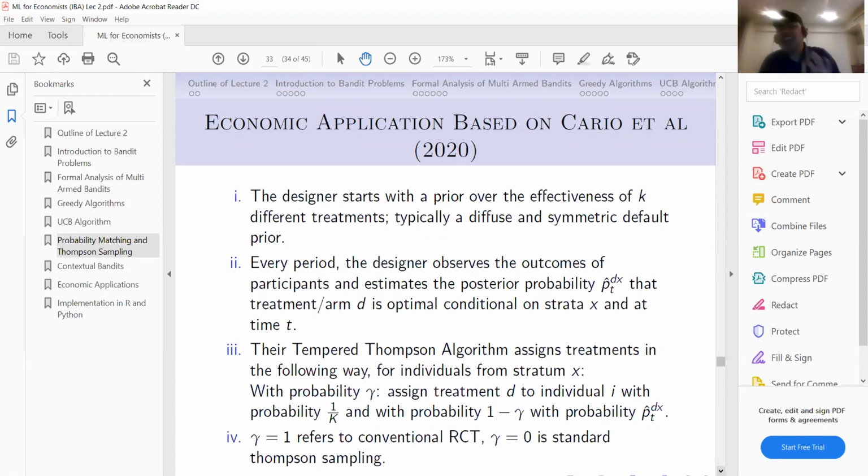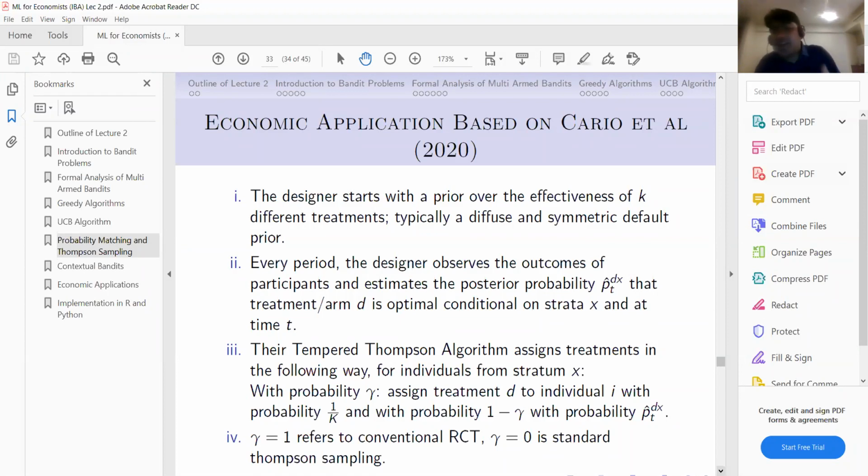And if you're interested in a very precise estimate of the treatment effect for all of these 4 treatments, then you should assign a more or less equal proportion of people to all of these treatments, right? Otherwise, you would have very unbalanced samples across people.